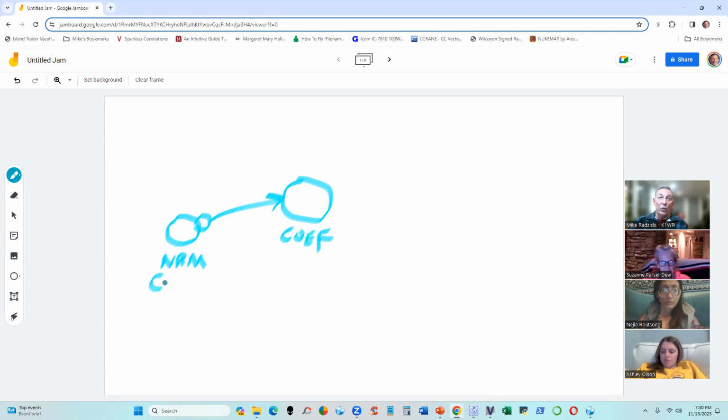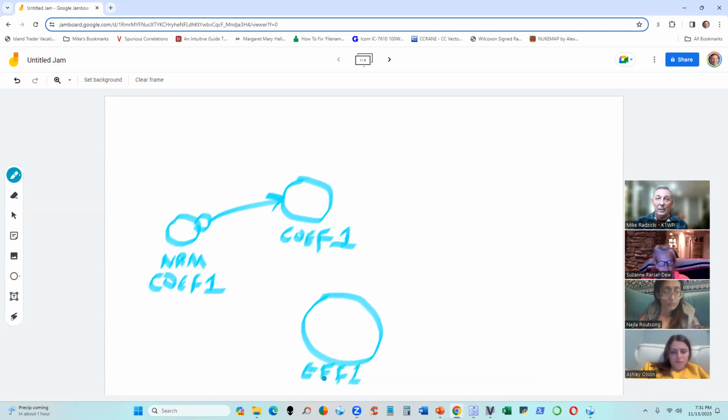So this is the normal coefficient. Call it coefficient 1. And then you have an effect over here. Effect number 1, let's call it, and it modifies the normal value. And this would be some kind of table function, typically.